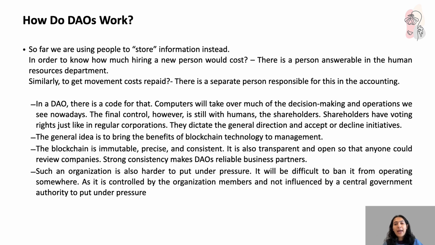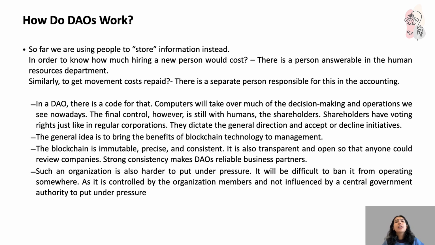But in a DAO, what happens? This entire structure is replaced by code. All these workflows, approvals, paychecks, payouts, permissions, rules, are all written into smart contracts. So instead of a person being responsible, instead of a person making decisions, the code is going to execute them automatically because it's a smart contract.